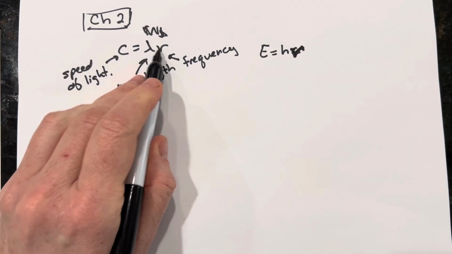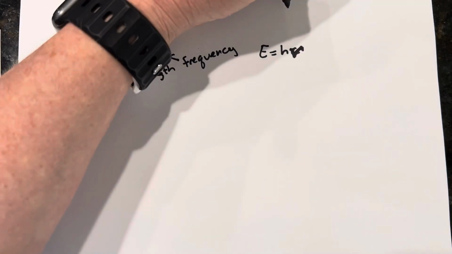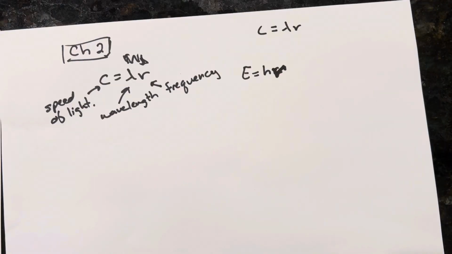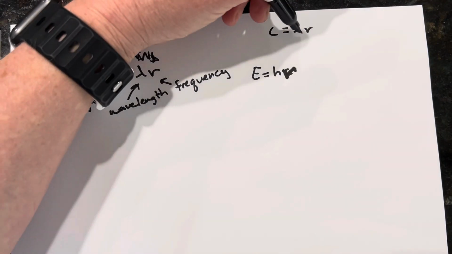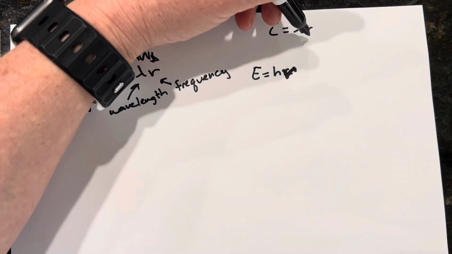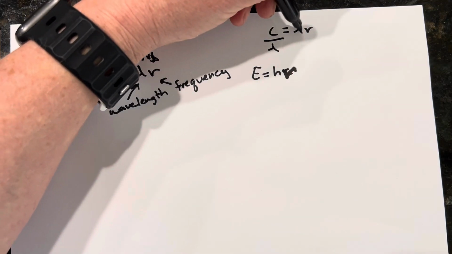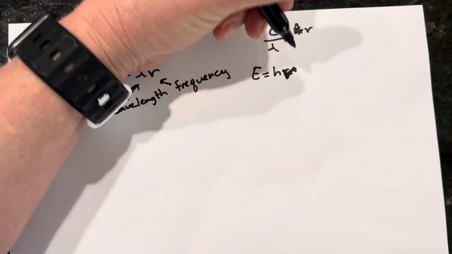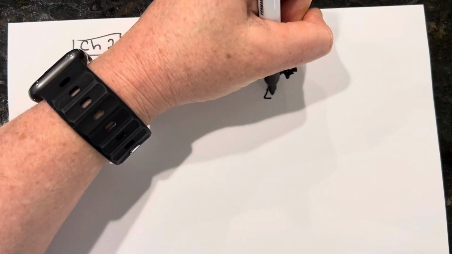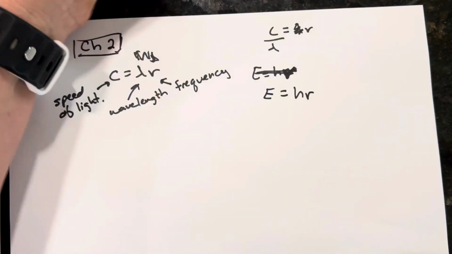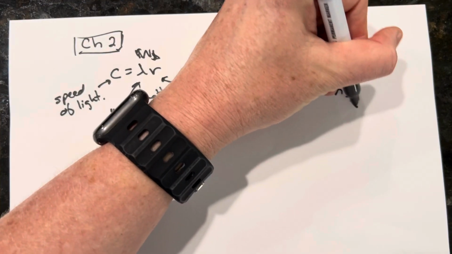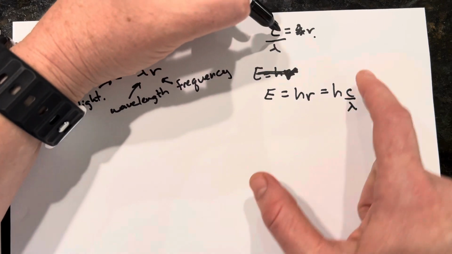And because C equals lambda nu, we can solve for nu by dividing both sides by lambda. And we found out that nu equals C over lambda. In other words, E not only equals h nu, it also equals hC over lambda, because we just took the nu and replaced it with C over lambda.